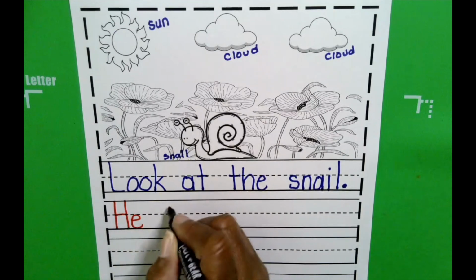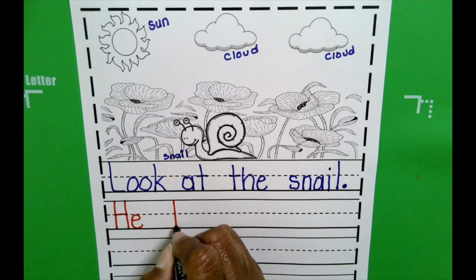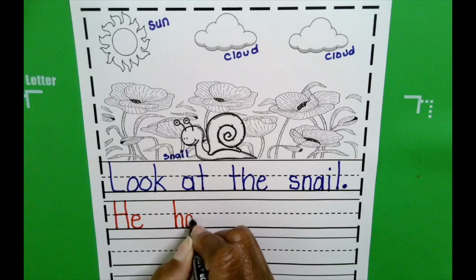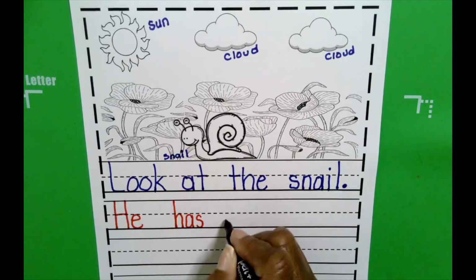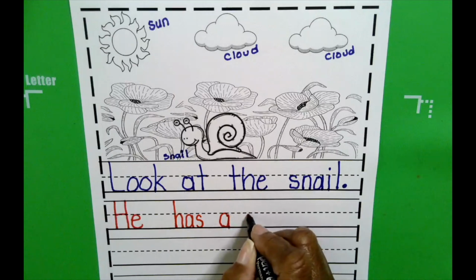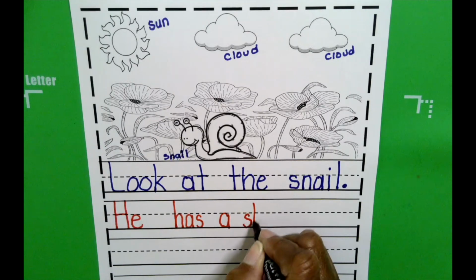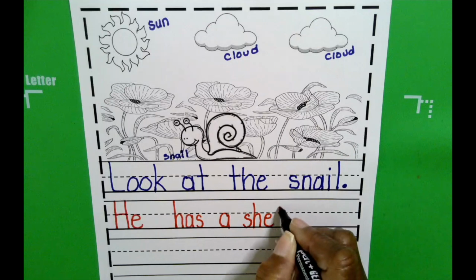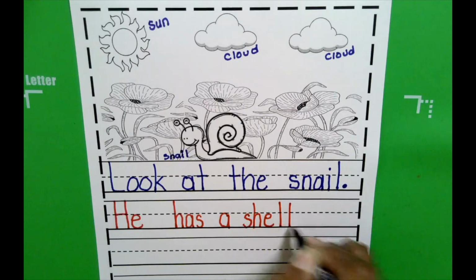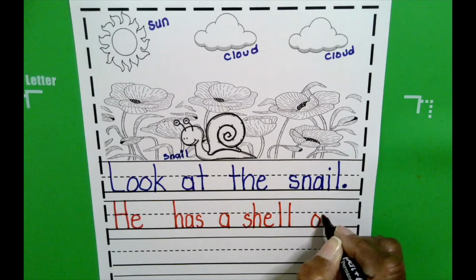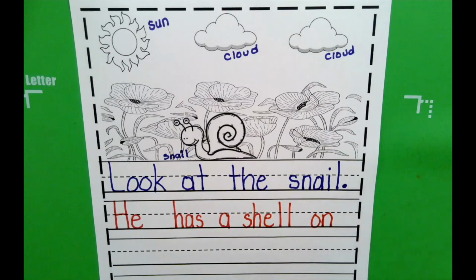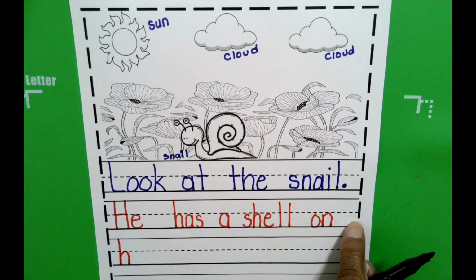He has a shell on his back. And boys and girls, remember, I didn't have enough room over here to write his, so I'm going to the next line.